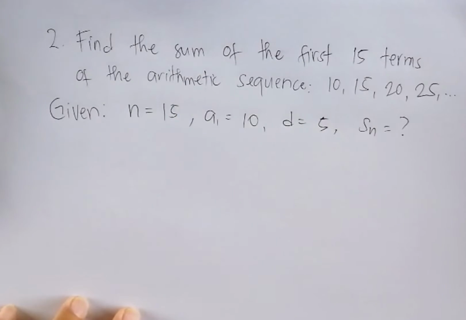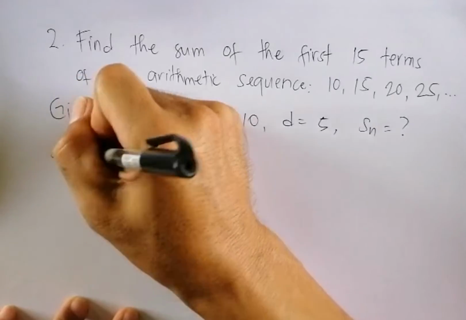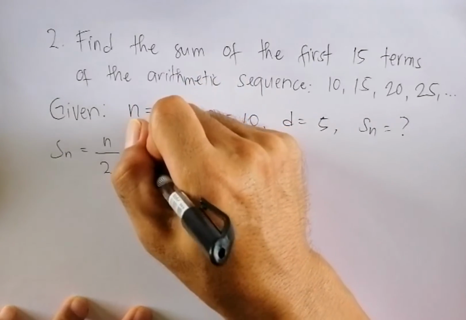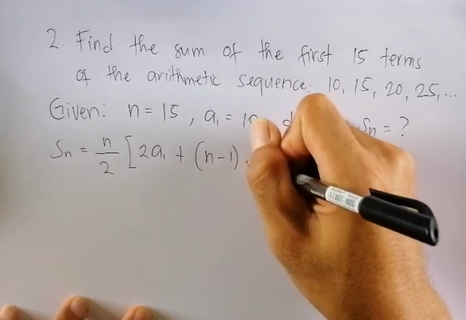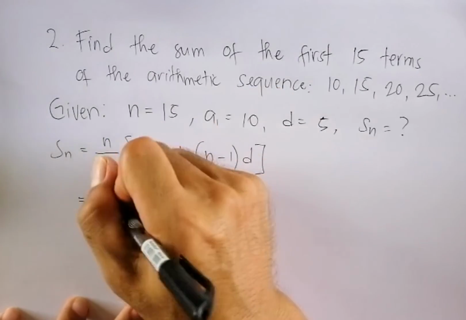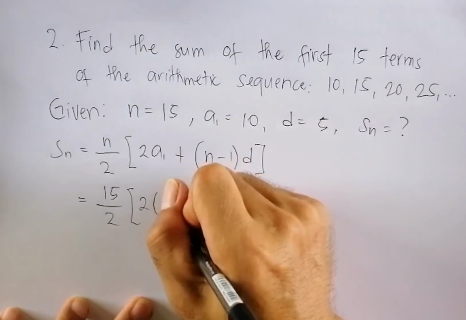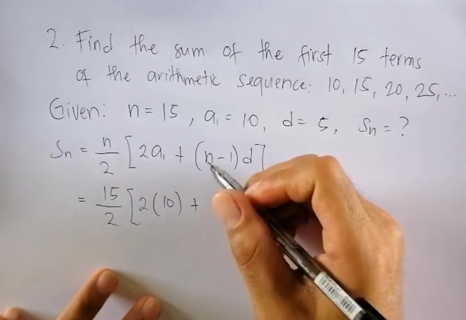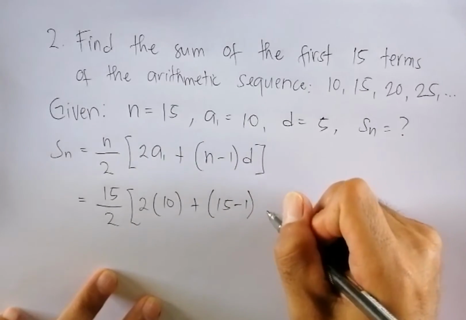Since the last term is not given, S sub n is equal to n over 2 times the quantity 2 a sub 1 plus n minus 1 times the common difference. That is equal to 15 over 2 times 2 times 10 plus, n is 15, and the common difference is 5.